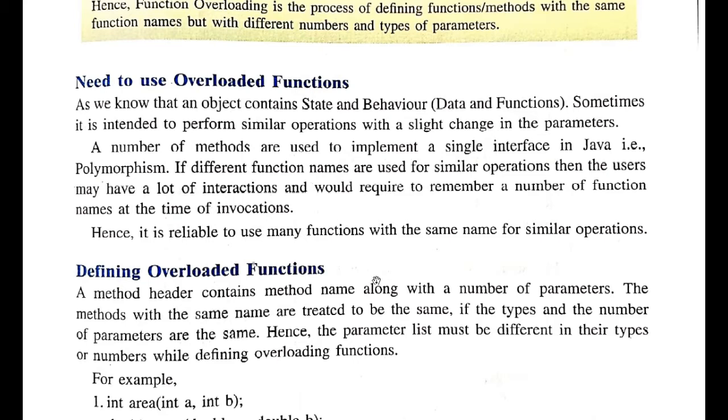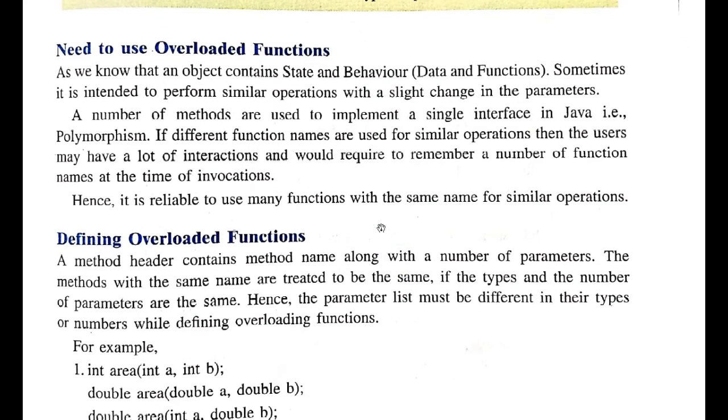If different function names are used for similar operations, then the users may have a lot of interactions and would need to remember a number of function names at the time of invocations. Hence, it is reliable to use many functions with the same name for similar operations.